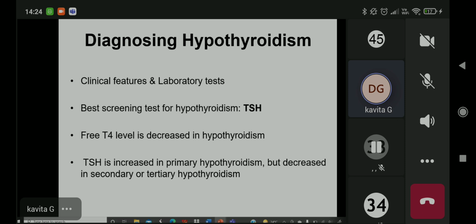Something has gone wrong in the thyroid itself, which we now know is called primary hypothyroidism. So there's low T3, low T4, so that feedback inhibition on TSH is lost, and therefore TSH is increased. On the contrary, this won't be seen in secondary or tertiary hypothyroidism.